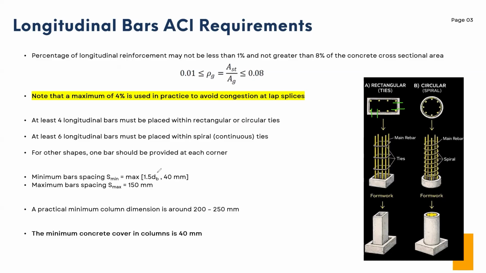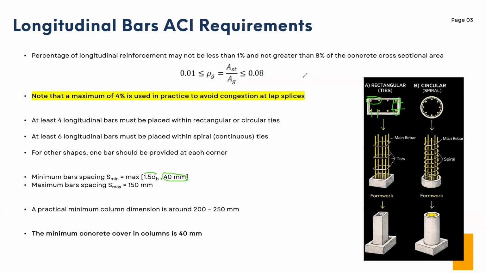So for example, if we have a bar diameter of 20 millimeters, this would be 30 millimeters. So the maximum of 30 and 40 is 40 millimeters. So this would be the minimum spacing allowed between these two bars, or these two bars vertically or horizontally, and the maximum spacing is 150 millimeters.